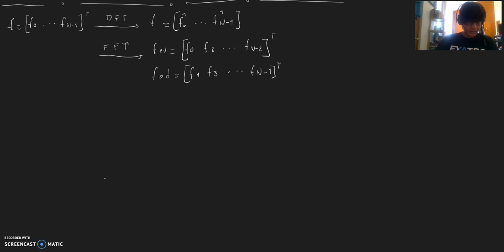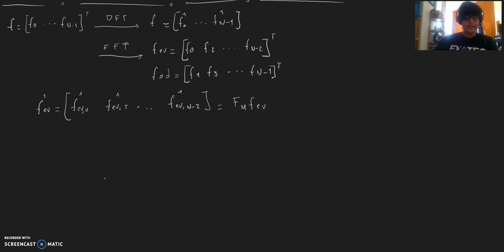So just to make a definition, the even part of the fast Fourier transform, we know that they look something like this, and minus 2, and they are equal to a new Fourier matrix Fm multiplied by Fed.